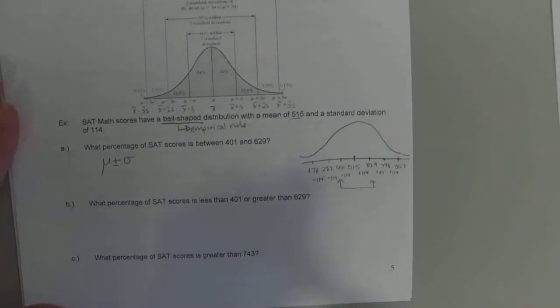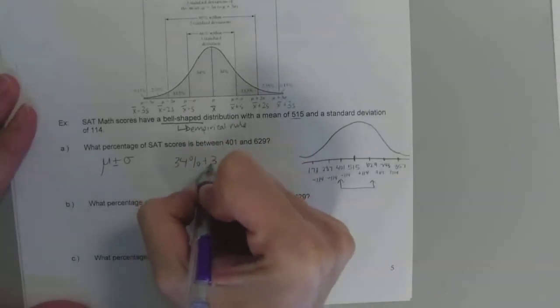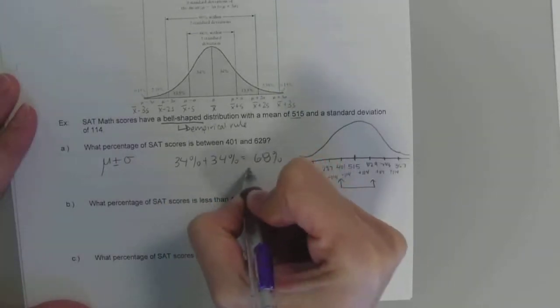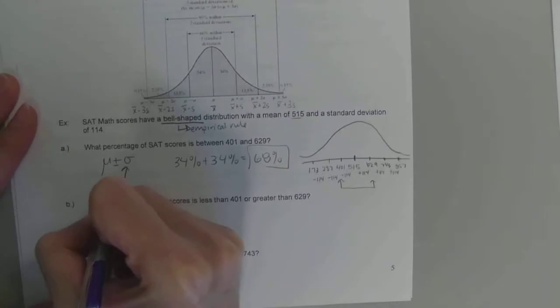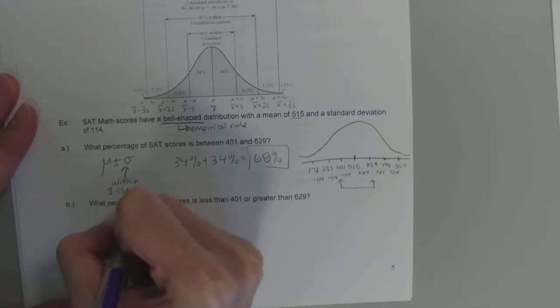So however you need to show that, this is technically this. That's technically that. Our mean plus or minus our sigma. I like to just show it as the 34% plus the 34%. That's going to give us 68%. So this is within 1 standard deviation.